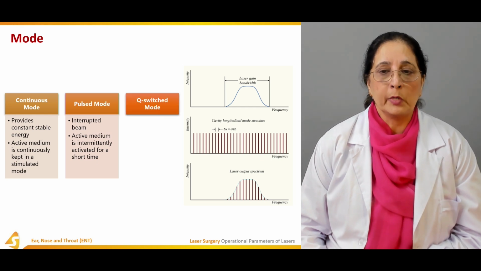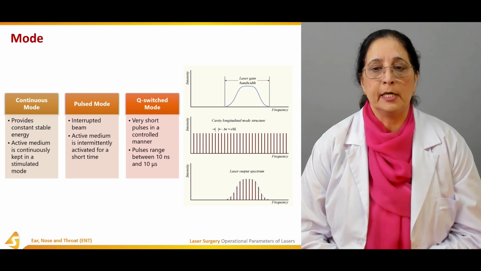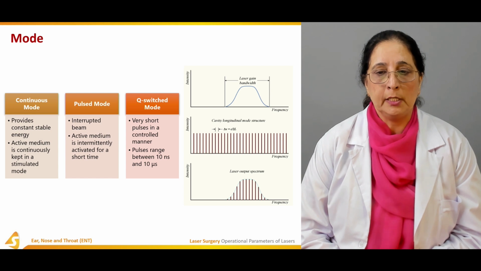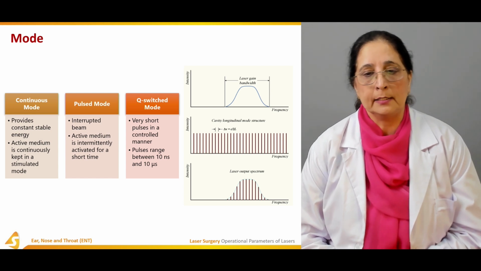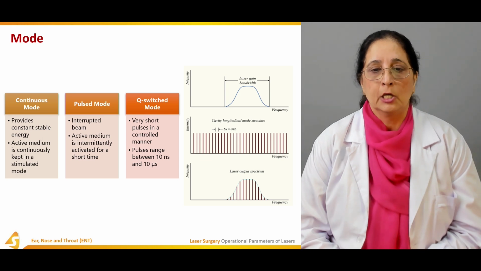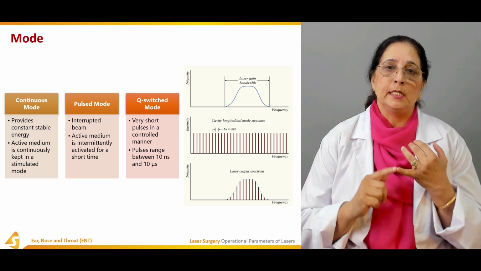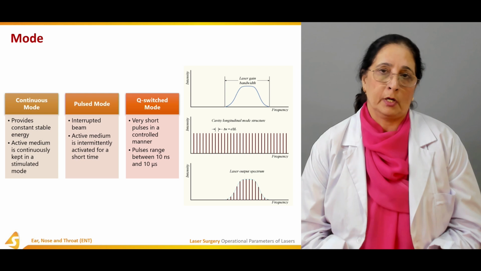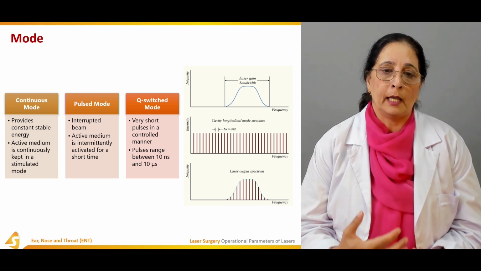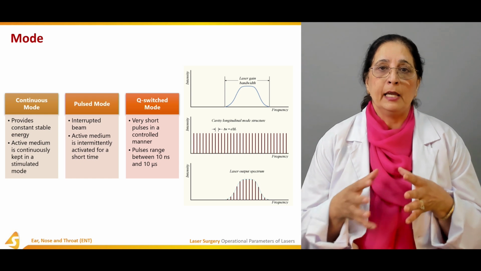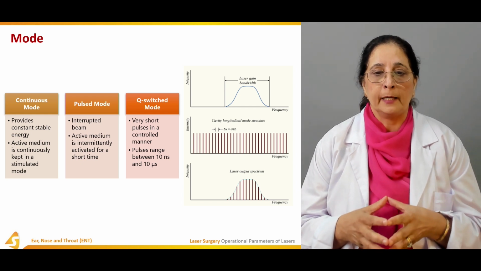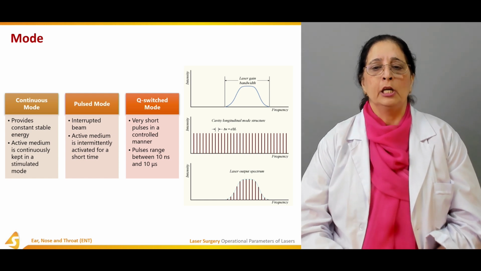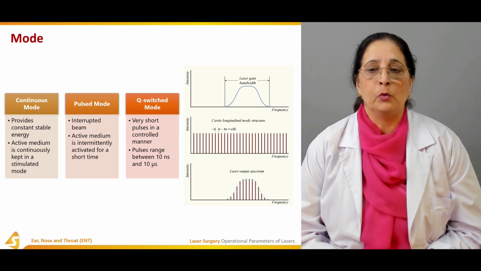Then the Q switched mode. Q switched mode is very short pulses in a controlled manner. Pulse range is between 10 nanoseconds and 10 microseconds. So we have three different modes: continuous mode, pulse mode, and Q switched mode. One is continuous application of energy, then we have an interrupted beam for a short time, and then the Q switched, which is very short pulses applied for a very short period in a controlled manner.